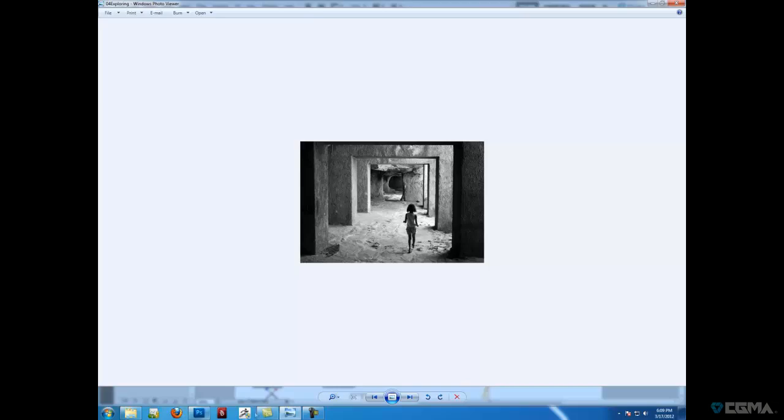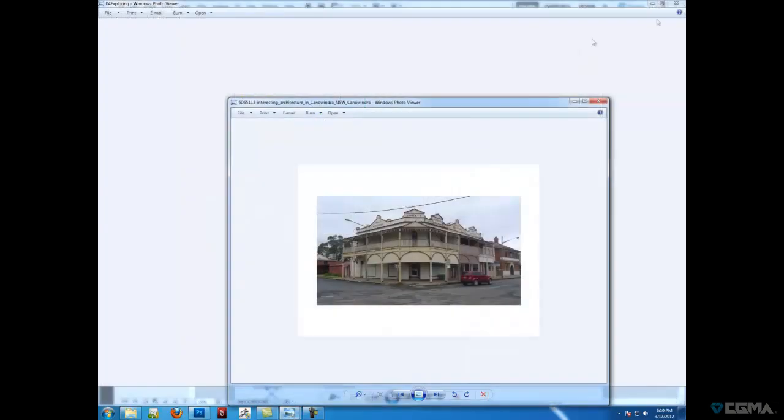Now let me show you some examples of two-point. Like we said before, in two-point perspective, only the verticals are parallel to the picture plane, and thus they are perfectly vertical.